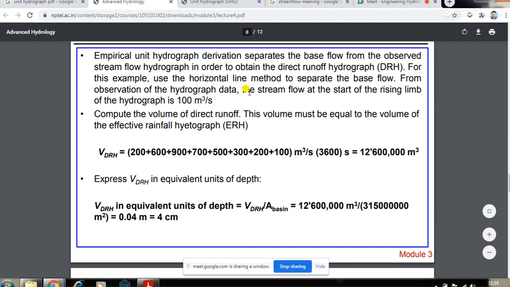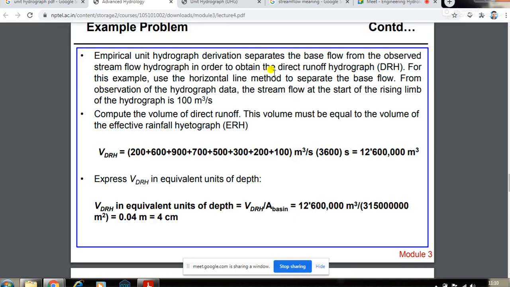First of all, they have taken the total volume of the direct runoff hydrograph; they have just added these particular values. Empirical unit hydrograph derivation separates the base flow from the observed stream flow hydrograph in order to obtain the direct runoff hydrograph.